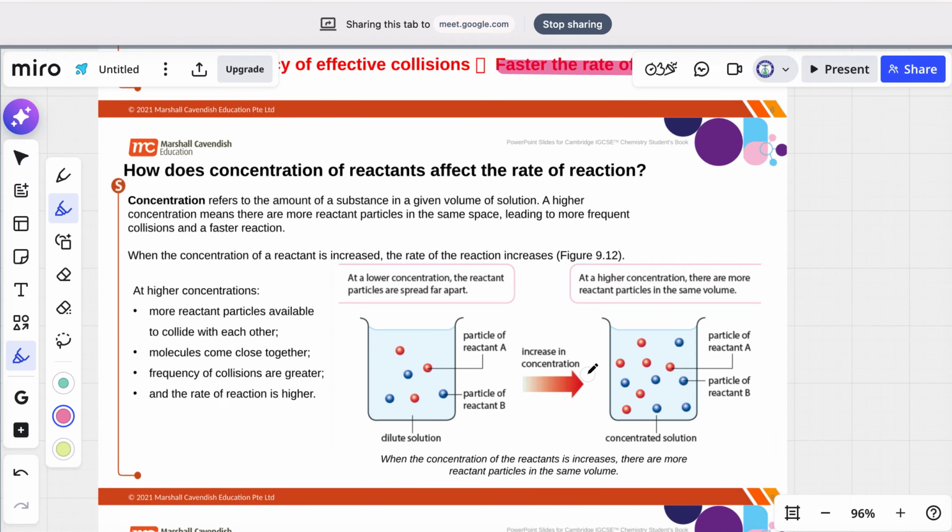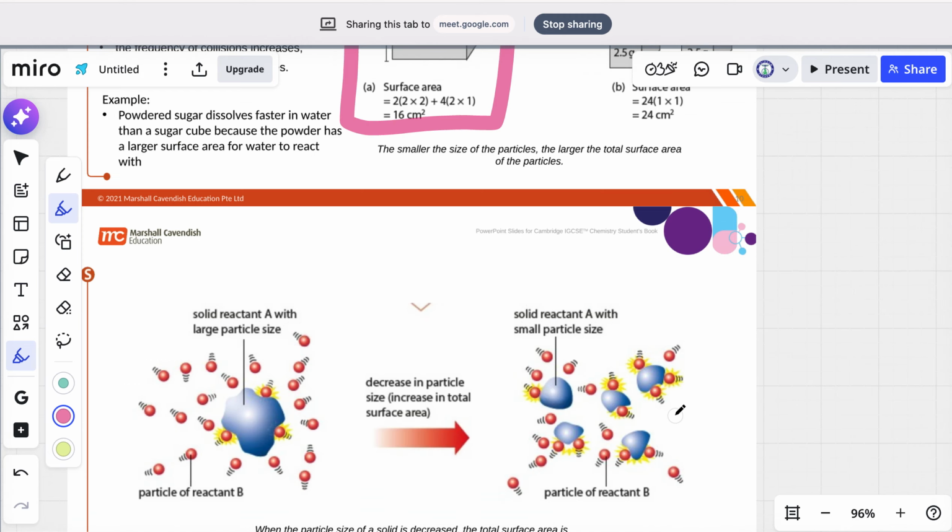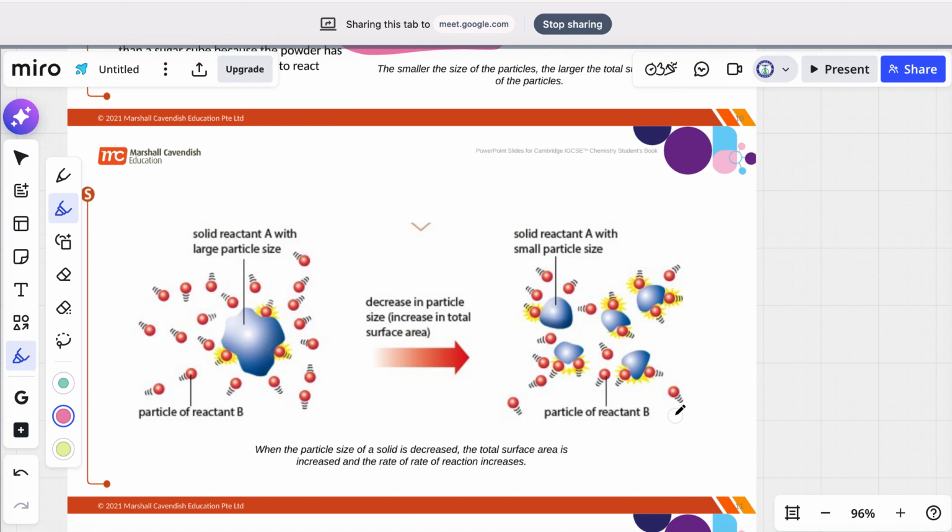Now let's take a look at this example. How does the concentration of reactants affect the rate of reaction? Using collision theory this time around. If we increase surface area, the rate of reaction increases. If you cut this solid into smaller tiny pieces, what will happen?